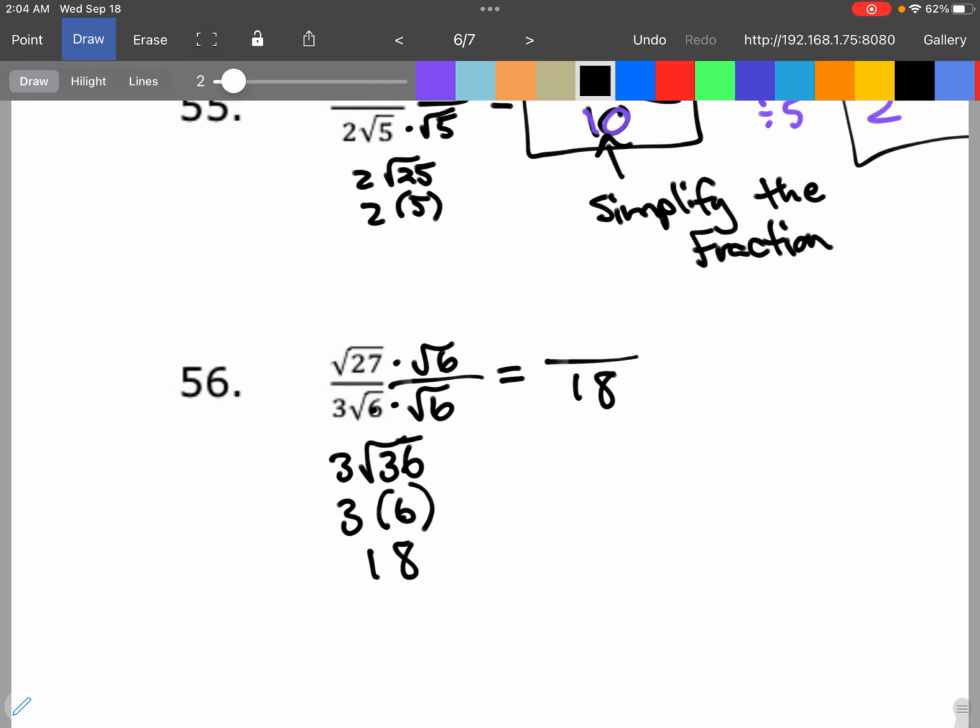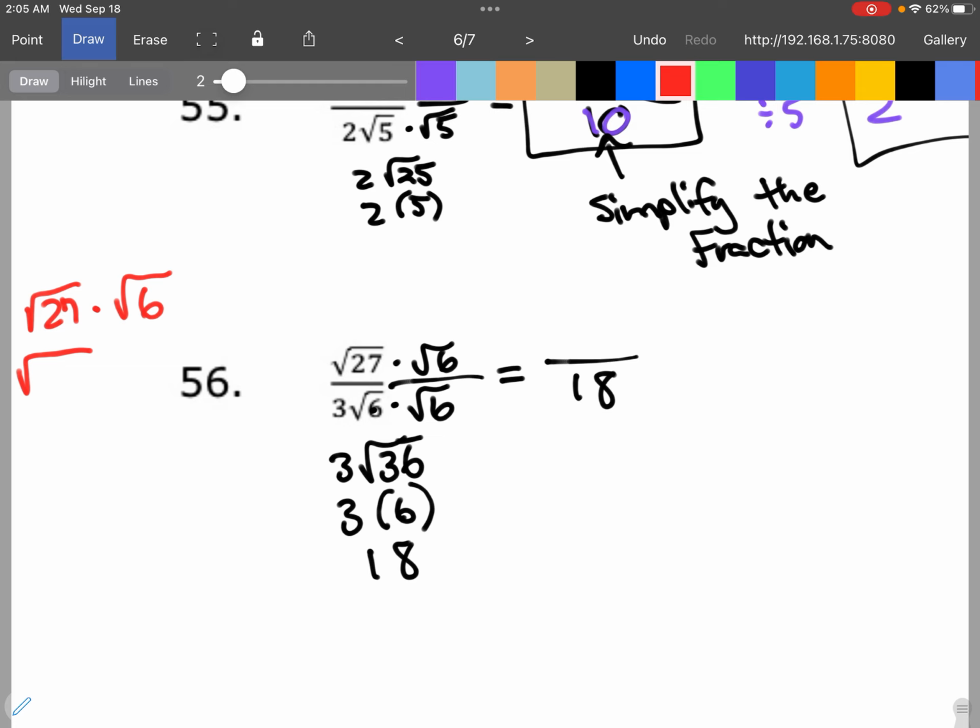And now for the top here, I would hate for you guys to multiply 27 and 6. You'll get a big number that's going to be a struggle on your breakdown. So let's do it this way. Let's break down 27 to its tiny pieces. Let's break down 6 to its tiny pieces, and then we'll bring it all together.